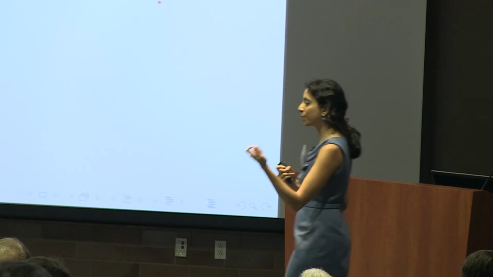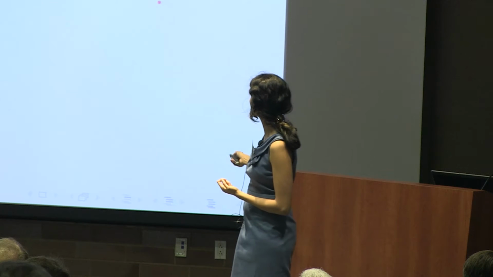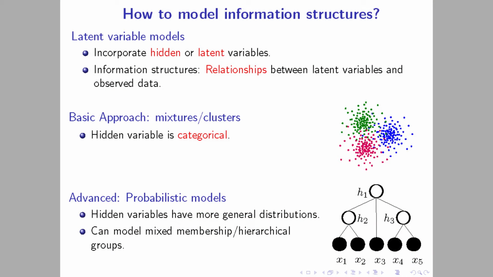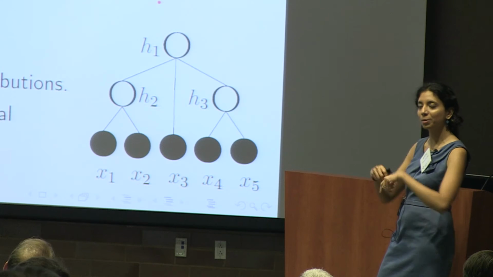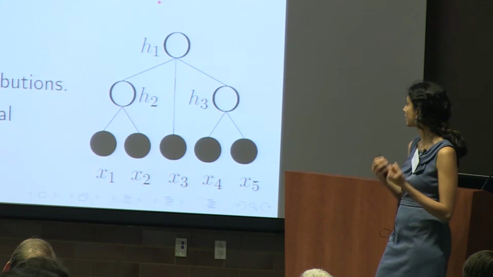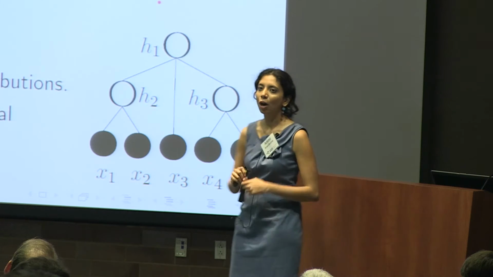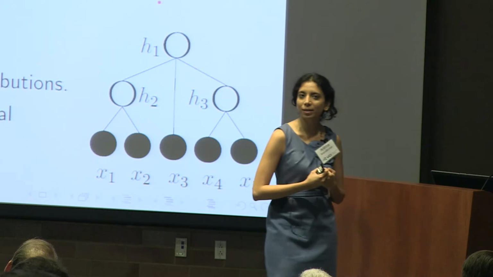The hidden variable is just the different kinds of clusters I have within my data. Right? A more sophisticated model would incorporate more complicated relationships between hidden and observed variables. Right? So, and the question is, how can I learn these models given the data?